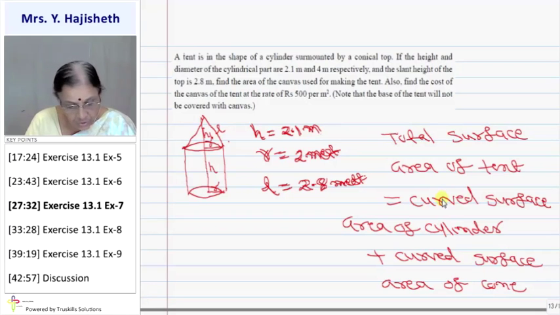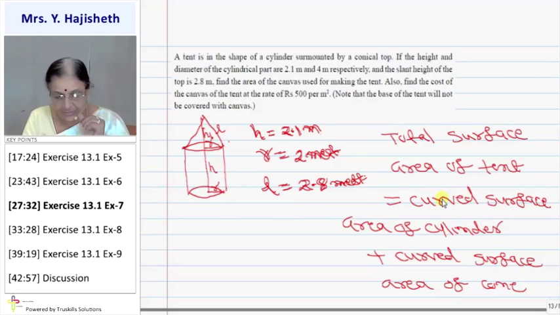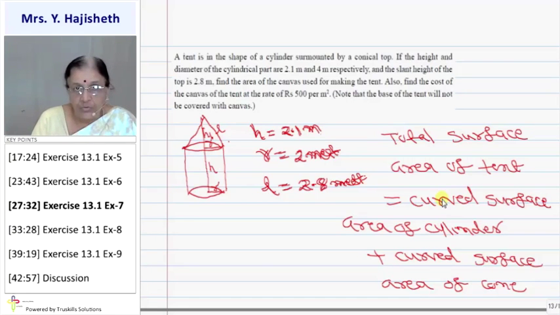Also find the cost of the canvas of the tent at the rate of rupees 500 per meter square. Base of the tent is not covered with a canvas, meaning there is simply a land. So what is the total surface area of a tent?